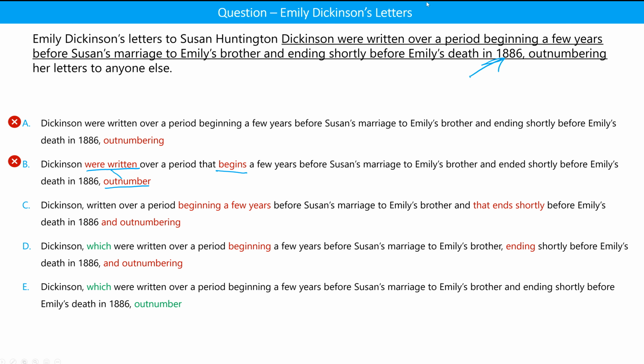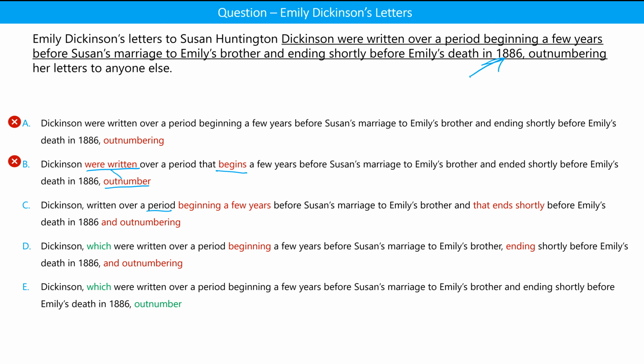Now, choice C is a pretty interesting option, and there's a few things going on here. If we work our way through choice C, we can see that we have Dickinson written over a period beginning a few years before Susan's marriage to Emily's brother that ends shortly before. So we have these two modifiers that seem to be describing this period.